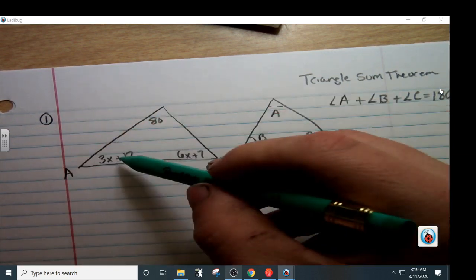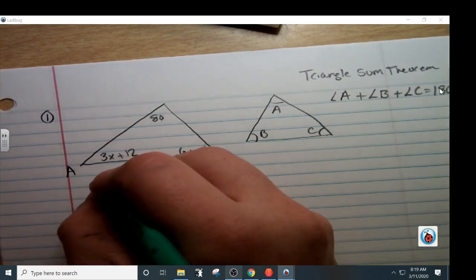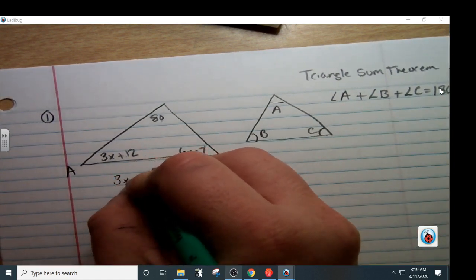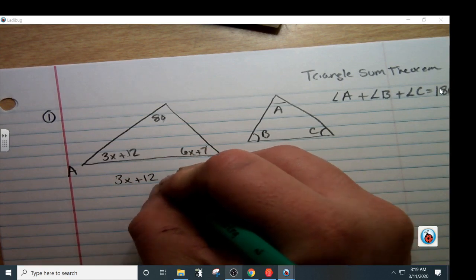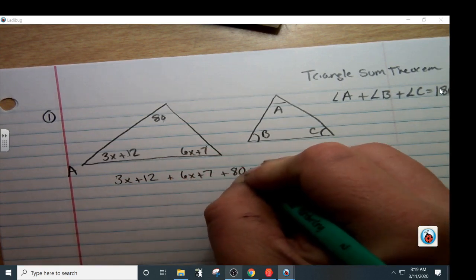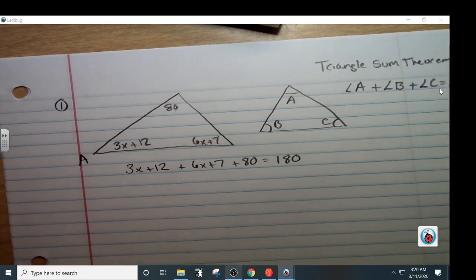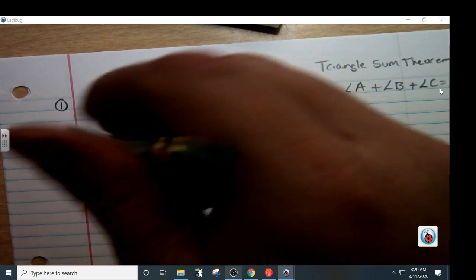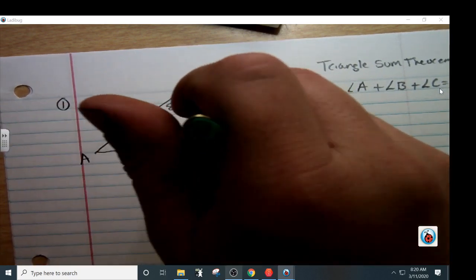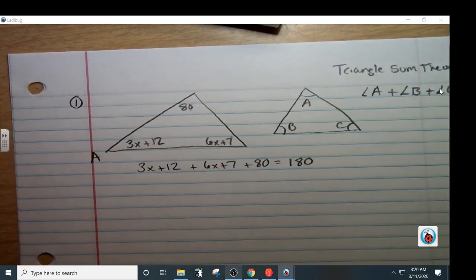so what I'm going to do here, if all the angles add up to 180, it's just pretty simple. You're going to take each angle, add them together, and set it equal to 180.